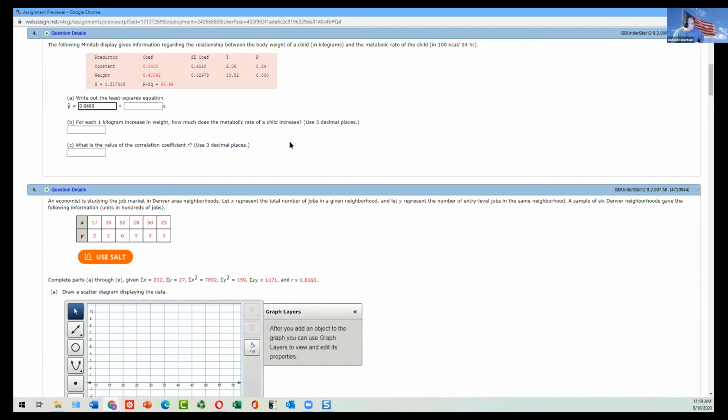And you see the one next to it called weight? That's the one that goes here: 0.40862. Does that question make sense?